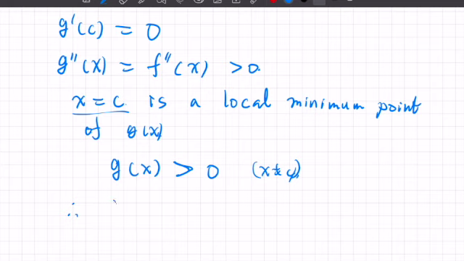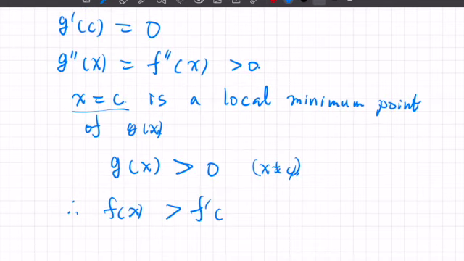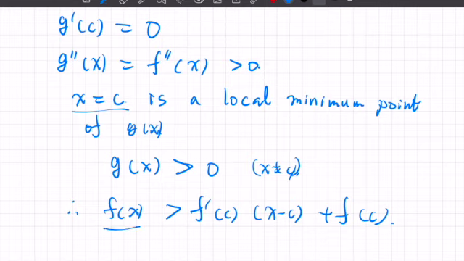So that means f of x is greater than f prime of c, x minus c, plus f of c. So by the definition of convexity, this function f of x is convex. It's positive, so it's convex. And the proof is done.